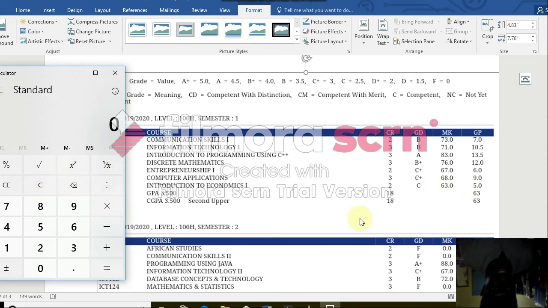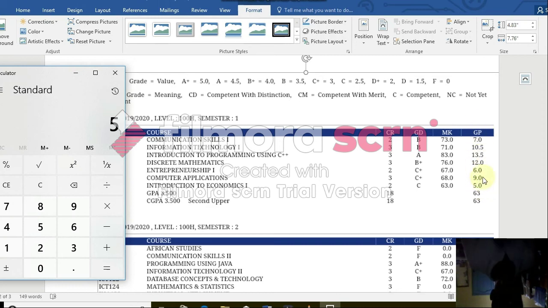Let us do our calculation well: the grade value for C is 2.5, not 3, sorry. So we multiply 2.5 by 2, which gives 5. So the grade point for economics is 5.